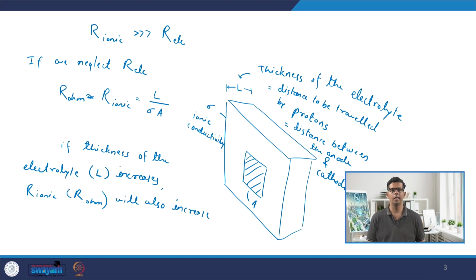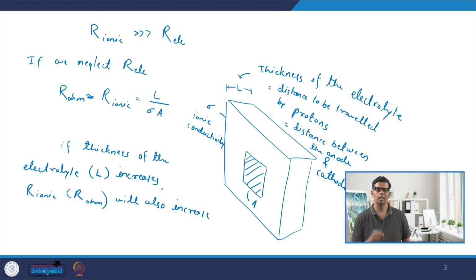The reason is that if the thickness of the electrolyte increases, protons have to travel more distance to reach the cathode from the anode, and in other words they have to invest more energy to bring the protons from anode to cathode.